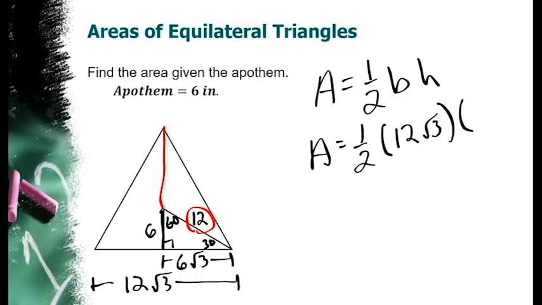We said every radius in a regular polygon is going to be the same length. So if we have a radius of 12 there, that means we have a radius of 12 up on top. So if that radius is 12, that gives us an overall height of 18. That's 12 plus 6, the radius plus the apothem. So we can go ahead and put that 18 in there.